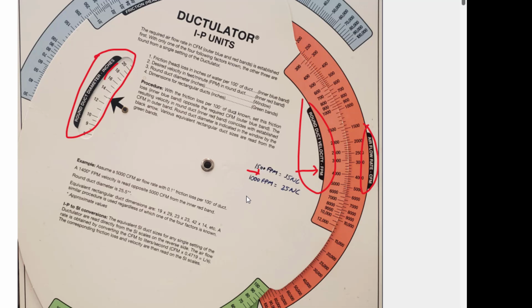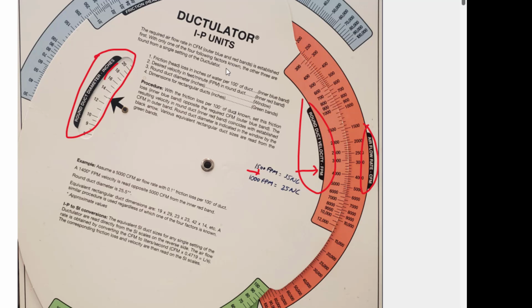So around 1250, about, you'll probably get an NC that is about 30. So you don't want to exceed 1250 or so feet per minute if possible.